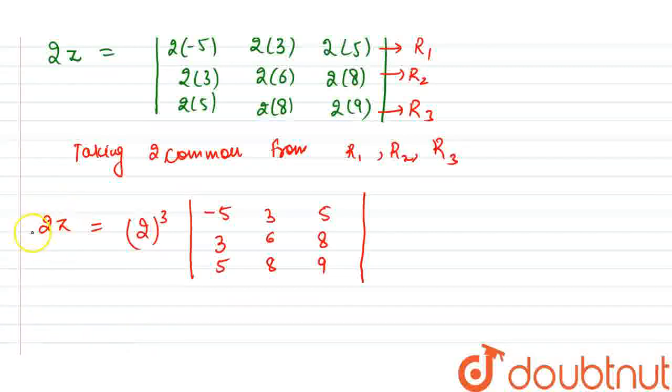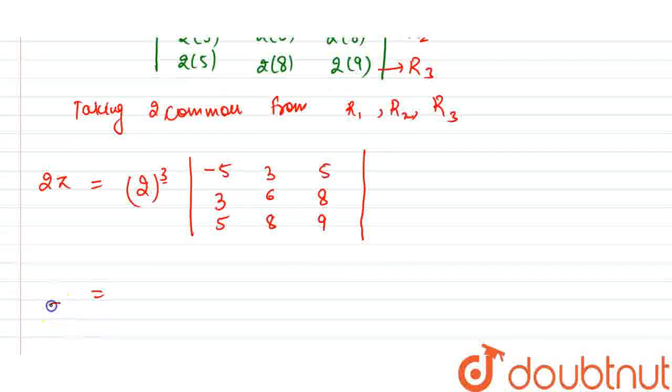So this will give us Z equals 2 squared, that is 4, times the determinant of this. Now let us solve this determinant here.